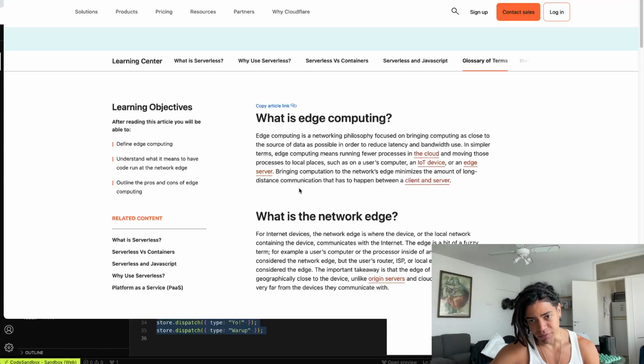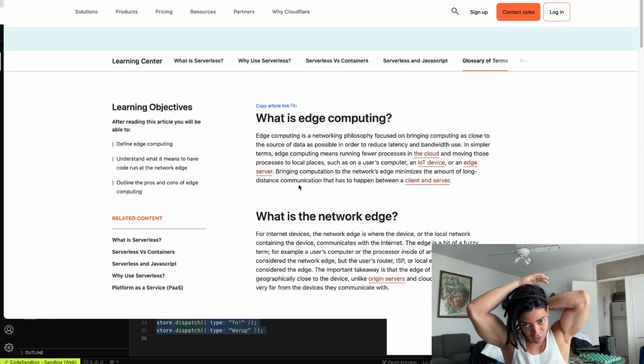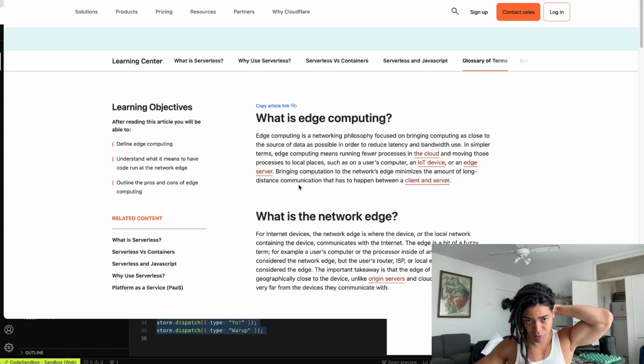So what it's doing is bringing computing as close to the source of data as possible, moving those computational tasks closer to the user's computer.